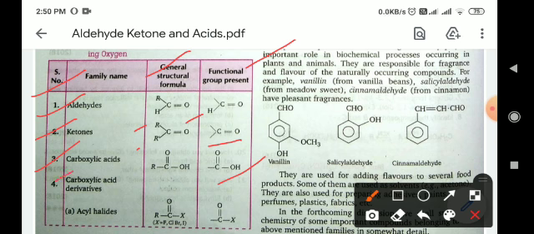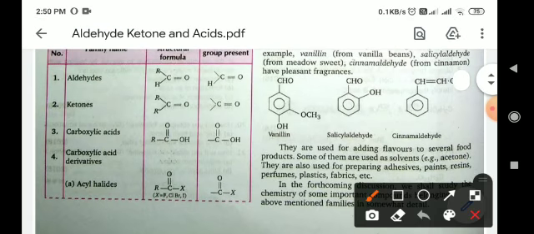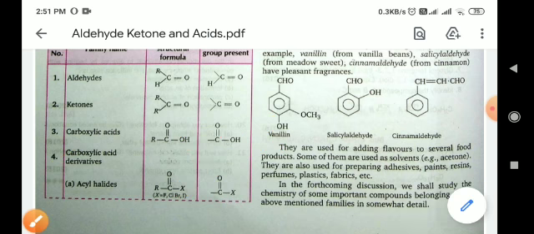And in carboxylic acid derivatives, another functional group is present at this valency. Here you can see there is an OH group, but in a carboxylic acid derivative there will be another group like fluorine, chlorine, bromine, iodine, etc. If a halogen is present, then it is known as an acyl halide.